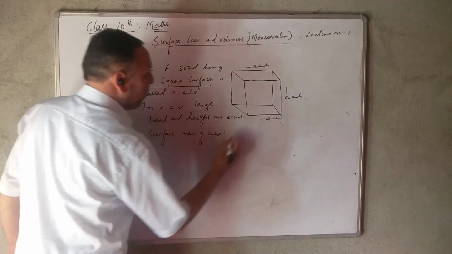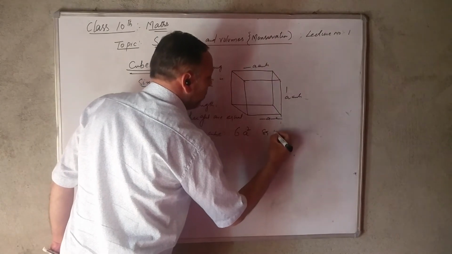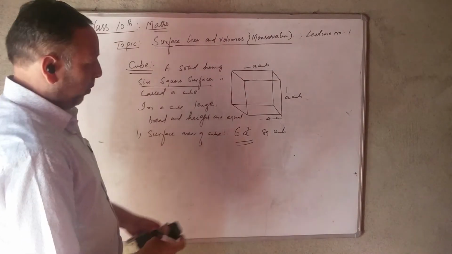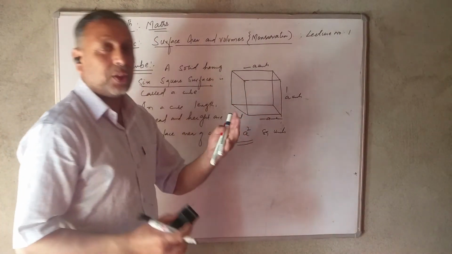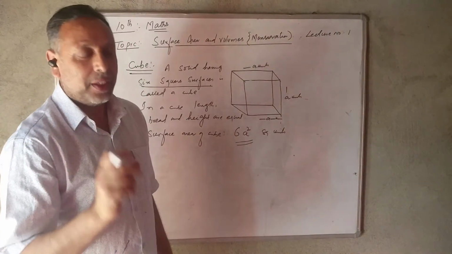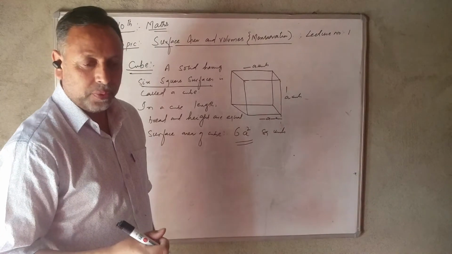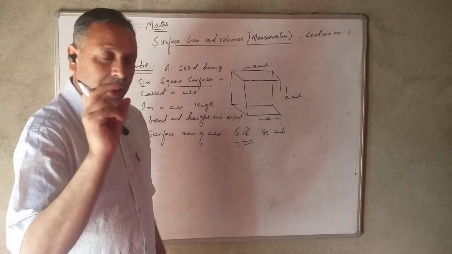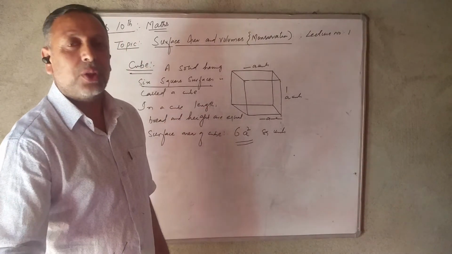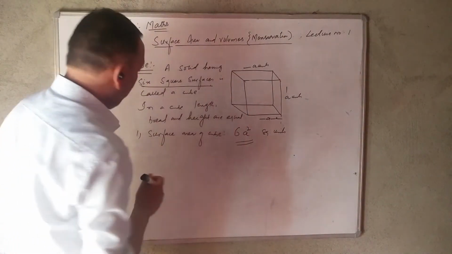Therefore, surface area of a cube is 6A square units. If we take the area of a square, it is side into side, means A into A. One surface has A square as area, 6 surfaces will have A square into 6, 6A square.